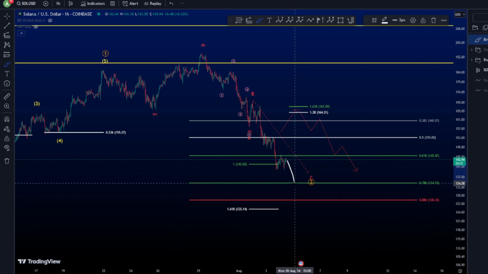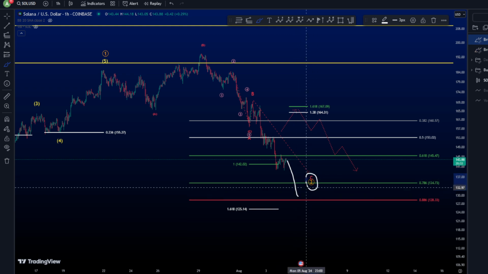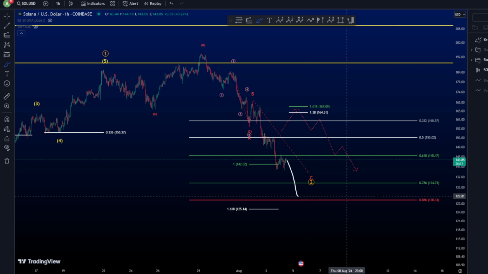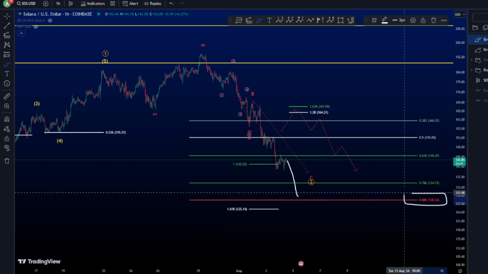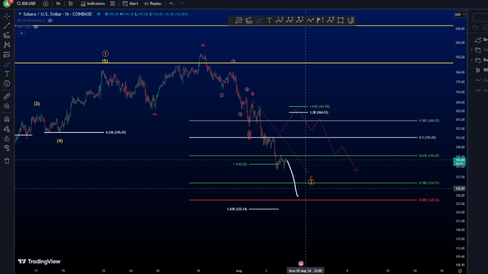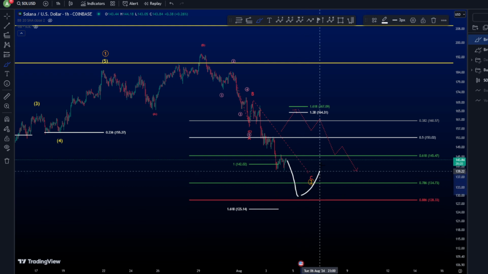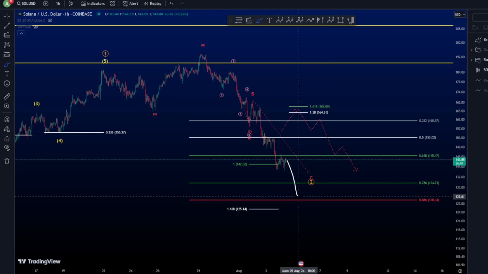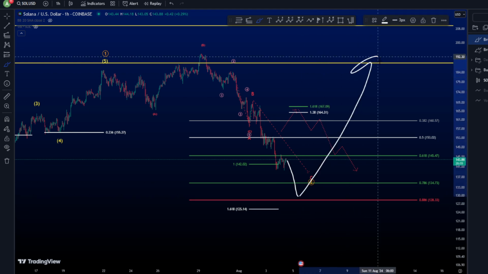We still have space so far for a wave 2 or for a wave C as extension, but once we touch this level at $128, that would reverse our market totally. By all means, it will still go up, however, but it's not going up as an impulse.